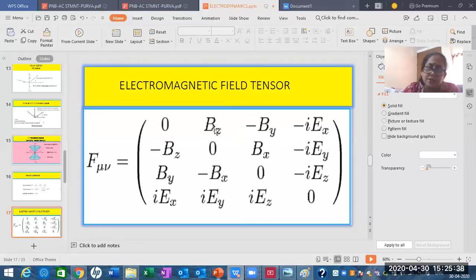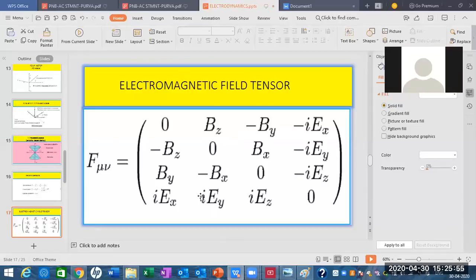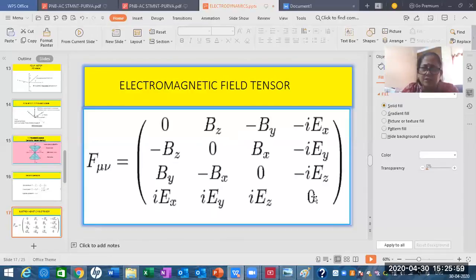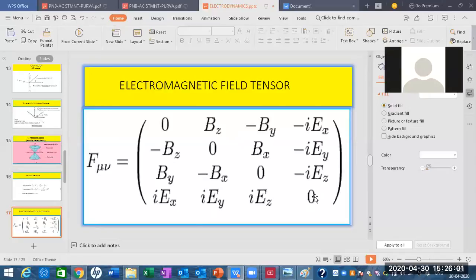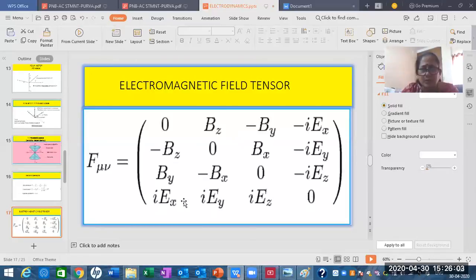So this haphazard way of writing B's and E's may be confusing. Sometimes it is written Bz, sometimes By, and you can see here By is positive, here By is negative. And you can see there are 2 columns here. This vertical column is talking about the electric vector, and this horizontal component is again talking about the electric vector.